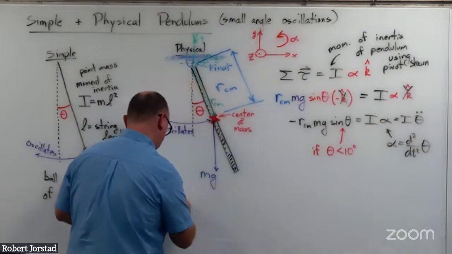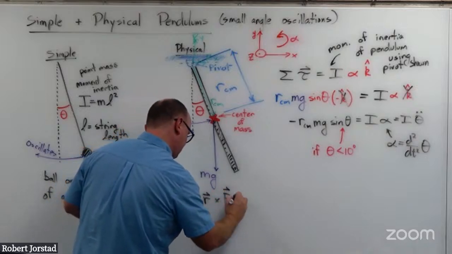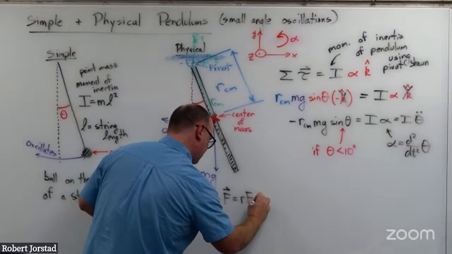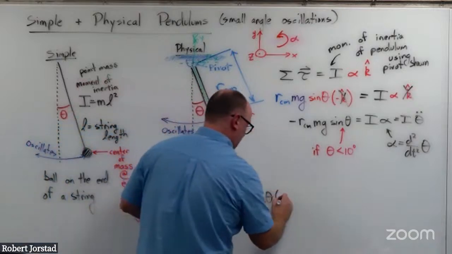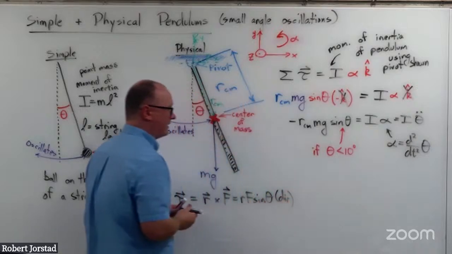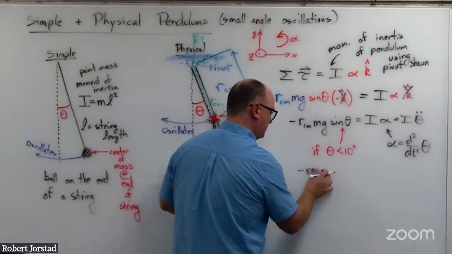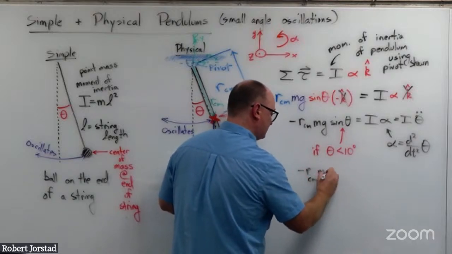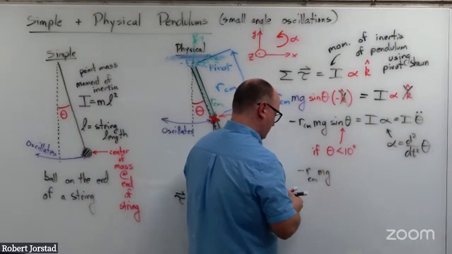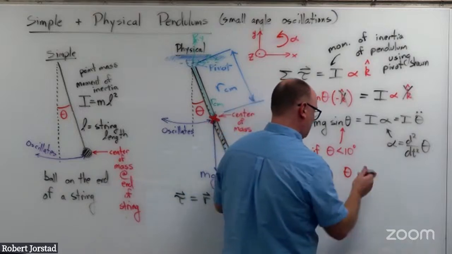I'll write it here. Okay. Don't forget to get the direction if you ever do that. Okay, so let's go back to here. We get minus R M mg. We're going to get a theta.